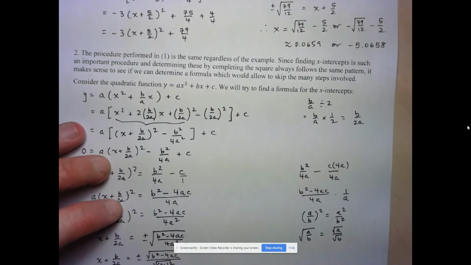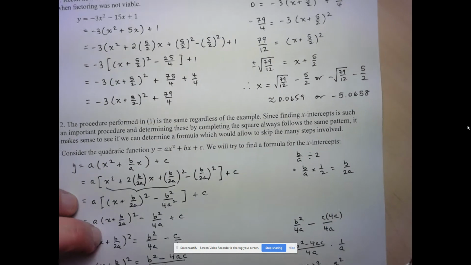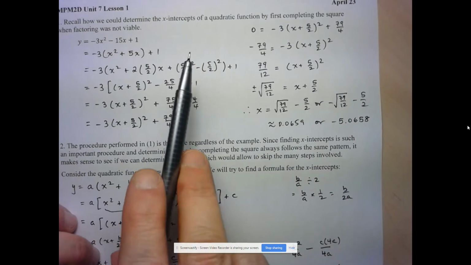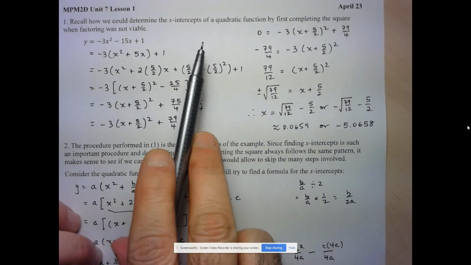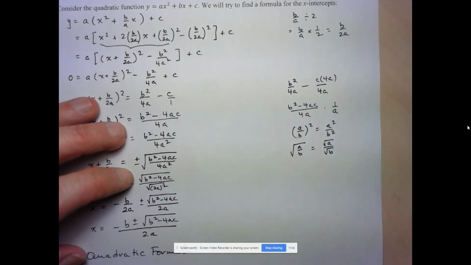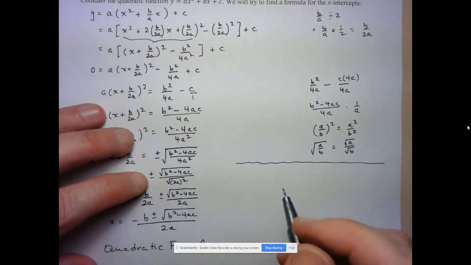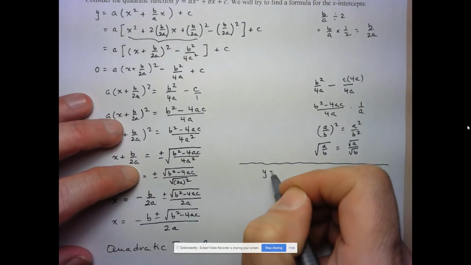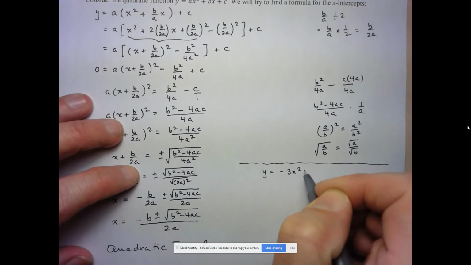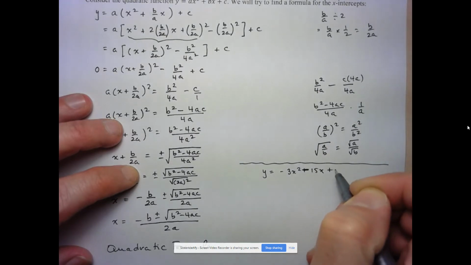And just to confirm that this indeed does work, I'm going to apply this formula to the example in number 1. So if we take the example from number 1, we were looking for the x-intercepts of that function. So I have y equals negative 3x squared, minus 15x plus 1.